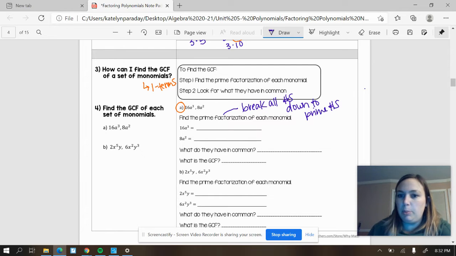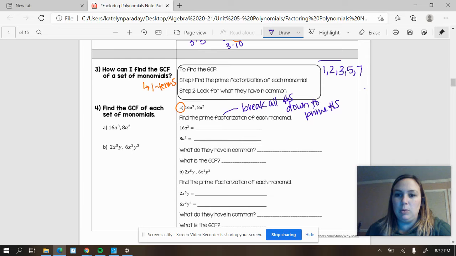A prime number is a number whose only factors are 1 and itself. So 1 is a prime number, 2 is a prime number because it's just 2 times 1, 3 is a prime number, 5 is a prime number, 7 is a prime number. Those are the most common ones that we're going to use.